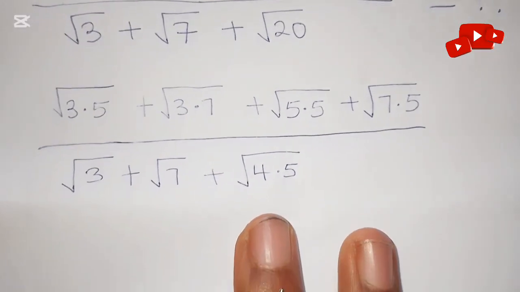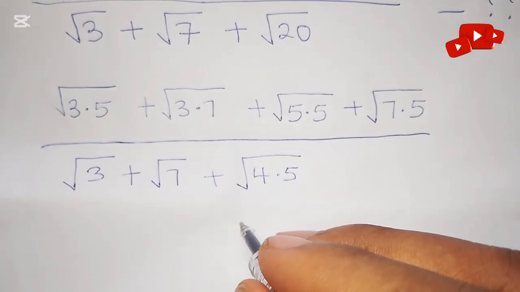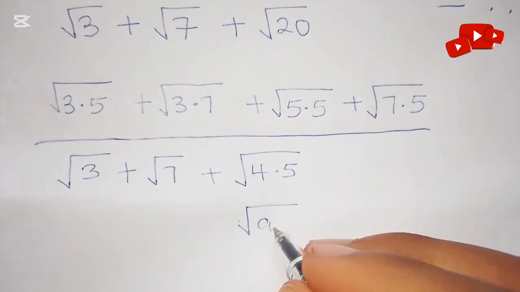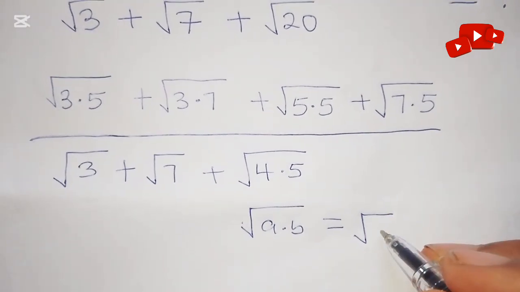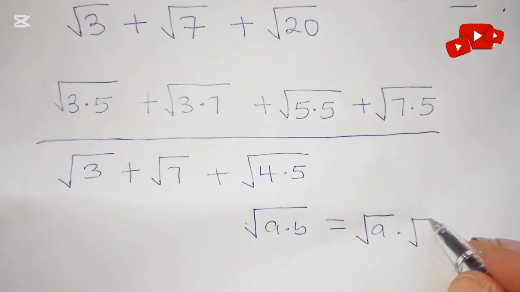Now, according to the law of surds, if we have a times b in a square root, it also means root a times root b.